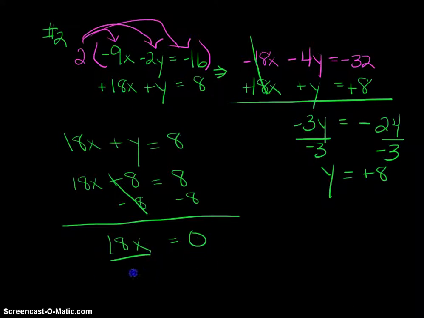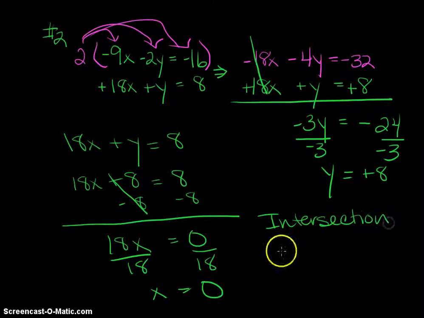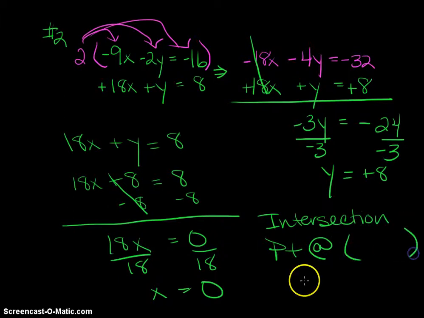Alright. And we need to solve, and 0 divided by anything is just 0. So I have an intersection point here, at, and then my x is 0, so it's 0, comma 8. And then that's the solution.